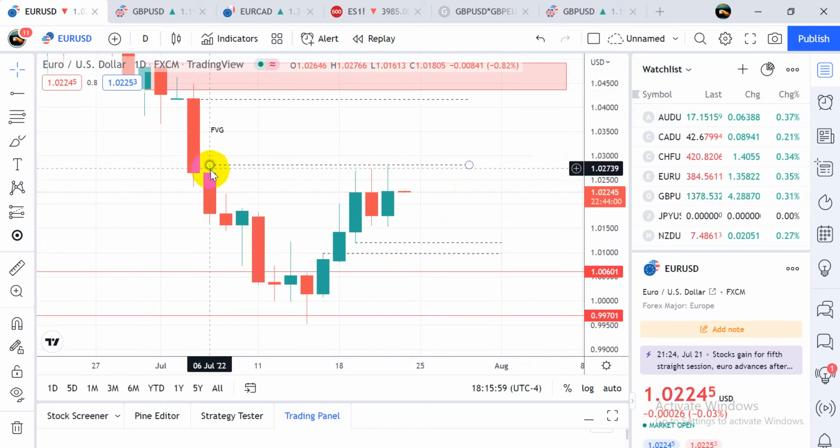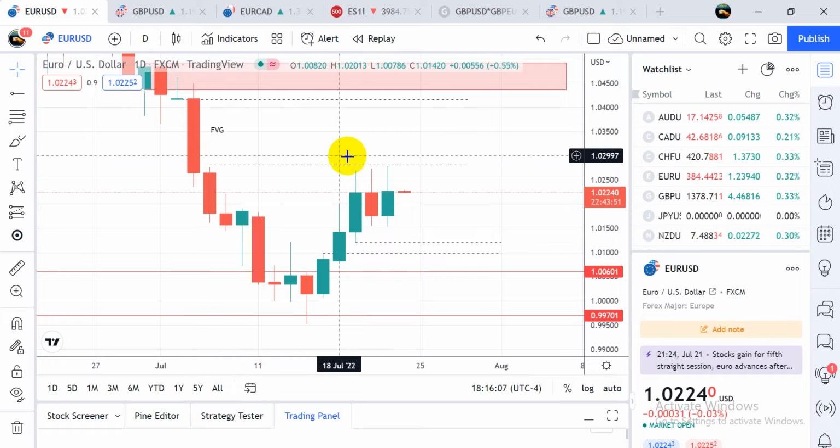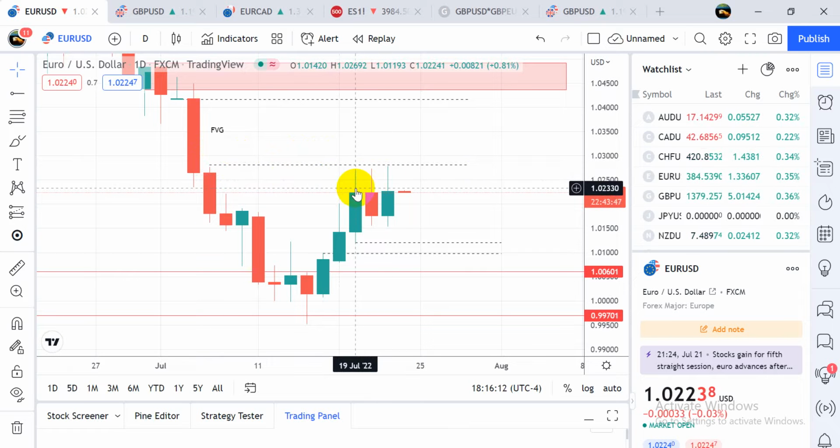From this high here, the high of this day, liquidity is surely resting above that level, and we can see what price has been doing since this week. This is Friday, Thursday, Wednesday, Tuesday: price didn't take out that high, they just came close to it.